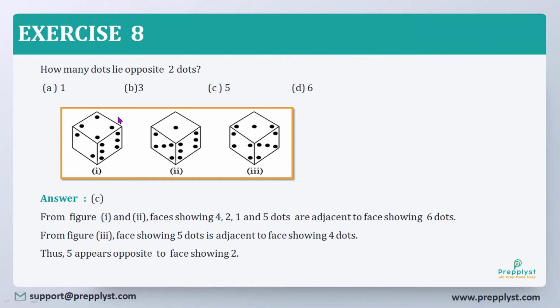That means this side is going to have 5 dots, because the face with 5 dots is adjacent to 6 dots, as you can see here, and 4 dots as well. That means this particular face, which is adjacent to 4 and 6 dots, is going to be opposite to the face with 2 dots. So that's my answer, option C.